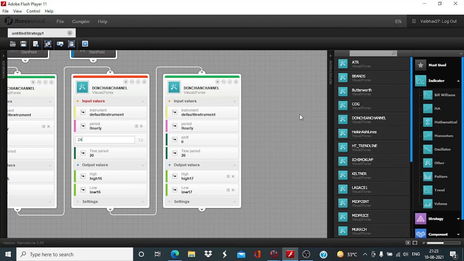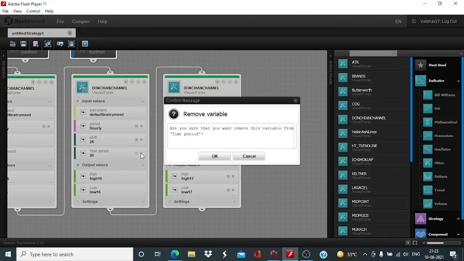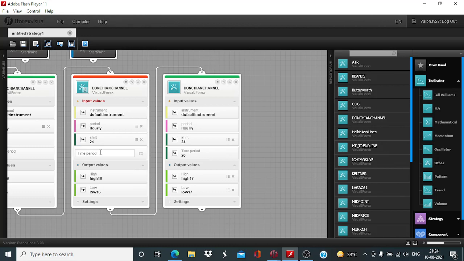Shift 24, here also 24. Time period will also be changed to 24.